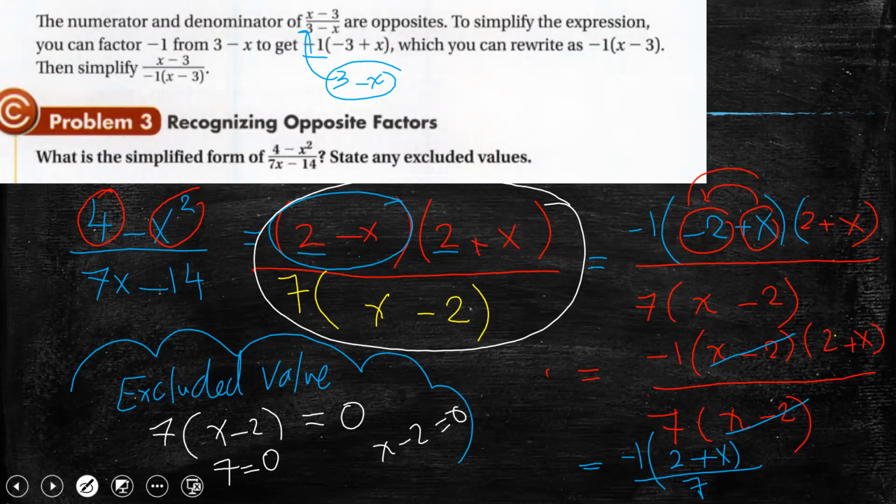Now 7 cannot be 0, so I will not use it. I will use x minus 2 equals 0, which is x equals 2. So after you simplify, you will tell me that the simplified form is negative 1 times 2 plus x over 7 when x is not equal to 2.